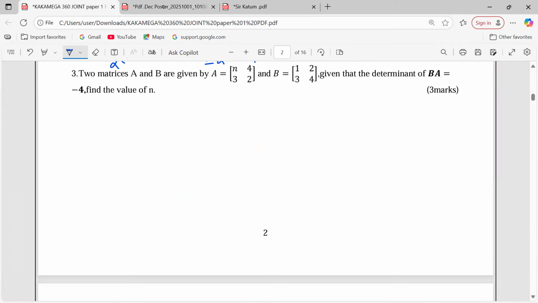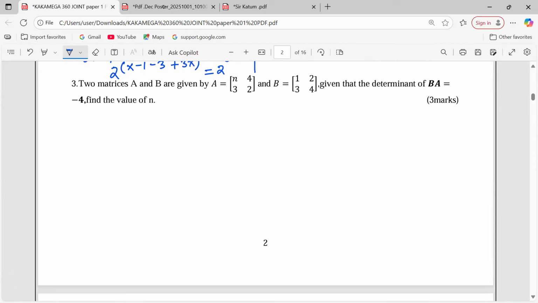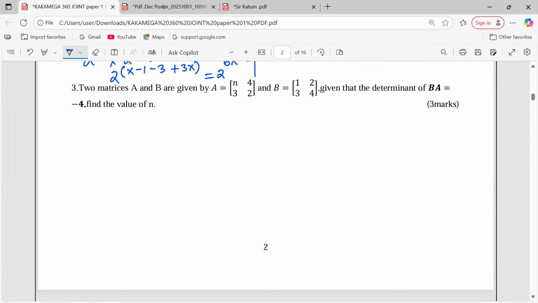Wow, very interesting question, and another teaching point I'm getting from this particular question. Actually, I told you that from the look of things, this is a serious paper. The setters are very sophisticated. Look at BA, the product of B and A. When it comes to matrices, it's not the same as A times B. Very different things.